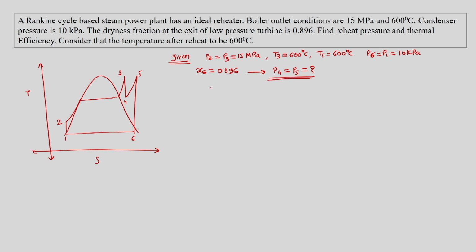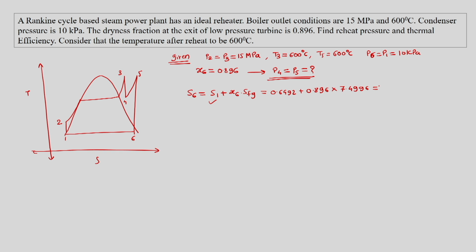For that we can first find out entropy S6. We know S6 can be found out by saying that it is S1 plus X6 into SFG. S1 can be found out as 10 kPa liquid saturation entropy, which is 0.6492, plus 0.896 into SFG, which is 7.4996.